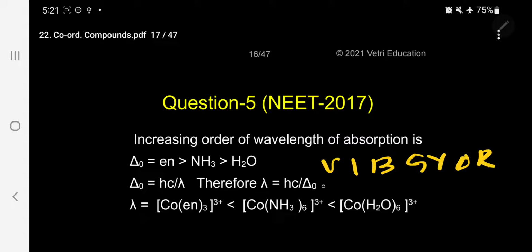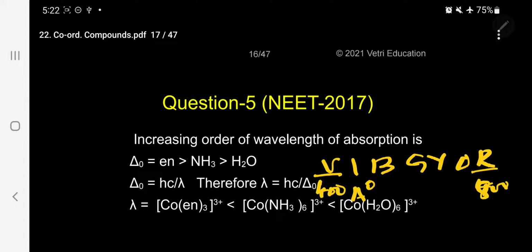This is 400 to 800 Angstrom units, or 4,000 to 8,000 in the corresponding centimeter units. So the lowest wavelength is violet, and the highest wavelength is red.